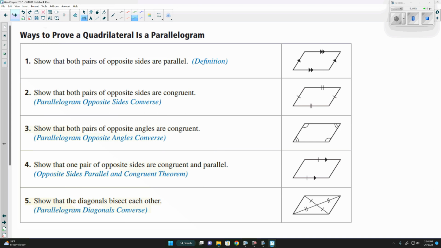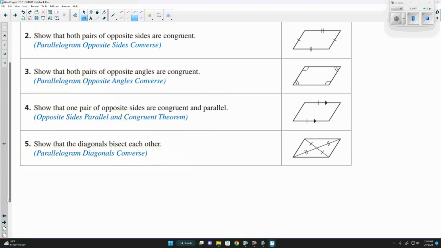Or if both pairs of opposite angles are congruent, then it's a parallelogram. We also have that if one pair of sides are congruent and parallel, then it has to be a parallelogram. And the last one, we show that the diagonals bisect each other. Now the fourth one does make sense, but you have to think about it a little bit.